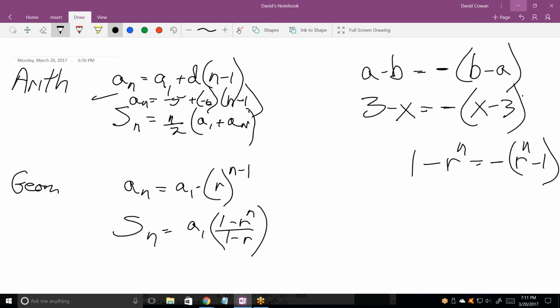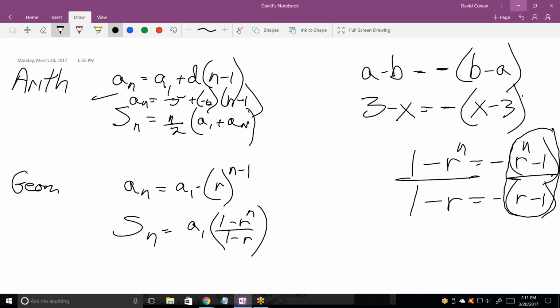And the denominator, which was 1 minus r, is going to be the negative of r minus 1 also. So when I divide that by that, I could just as easily divide that by that, and the negatives cancel. And so it could be this. Now, I'm not sure why you would ever want to make it this way, is the thing.